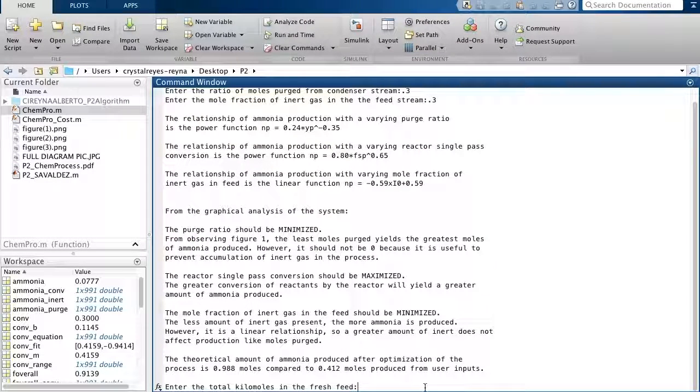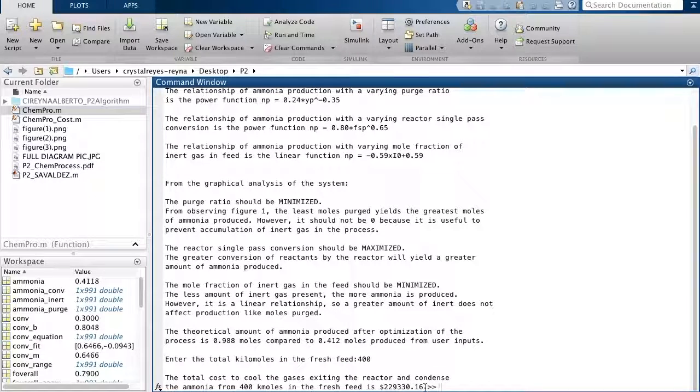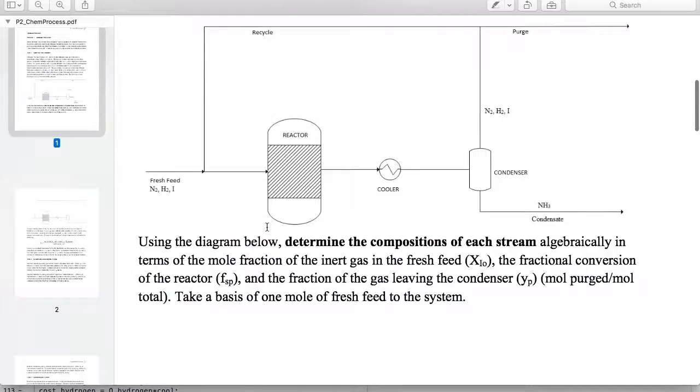So let's say, instead of a base of 1, we're going to input 400 kilomoles in our fresh feed. So then that gives us the total cost. The total cost to cool the gases exiting the reactor and condense the ammonia from 400 kilomoles of the fresh feed is almost $230,000.